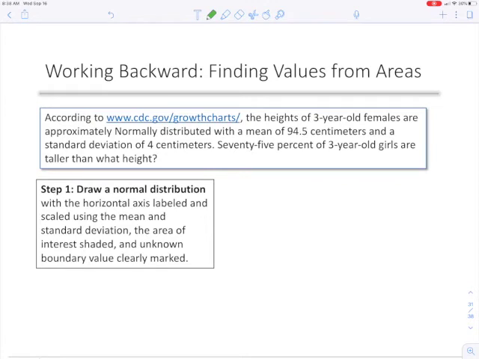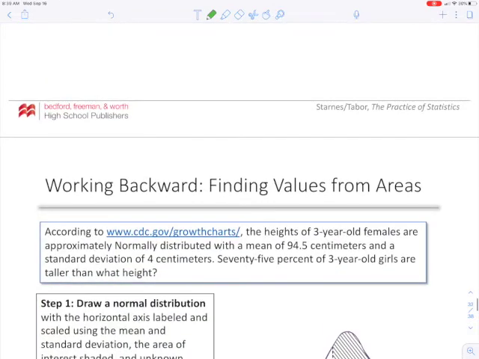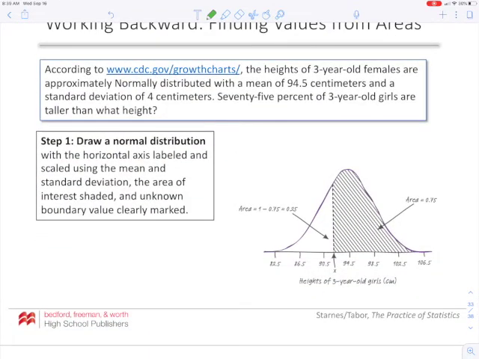So here we have that the heights of 3-year-old females are approximately normally distributed. Again, very important that it says normal. With a mean of 94.5 centimeters and a standard deviation of 4 centimeters. 75% of 3-year-old girls are taller than what height? Okay, so let's make our graph.